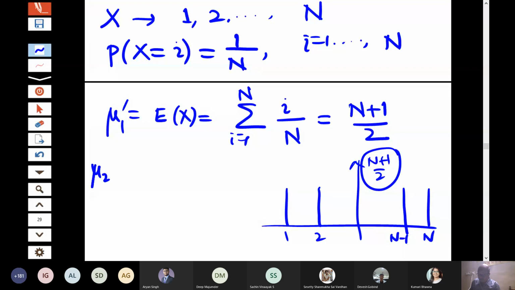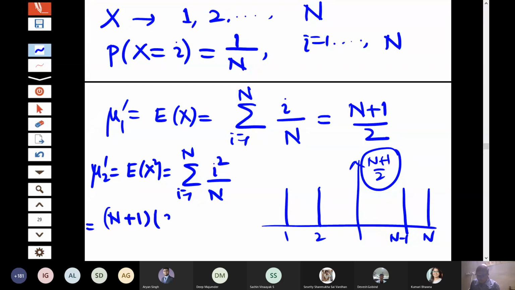So for example, what is mu2 prime? It will become sigma i square by n, that is equal to n into n plus 1 into 2n plus 1 by 6.